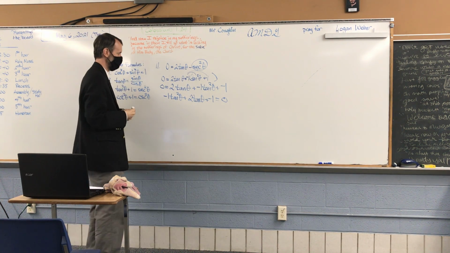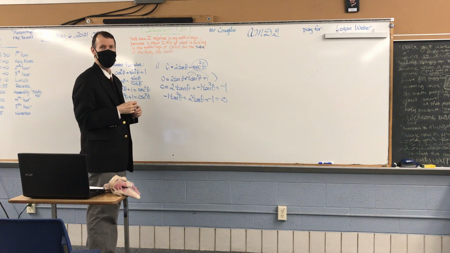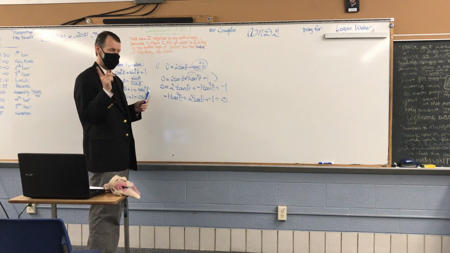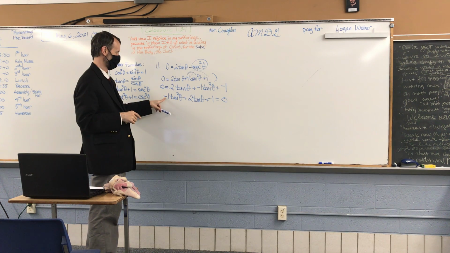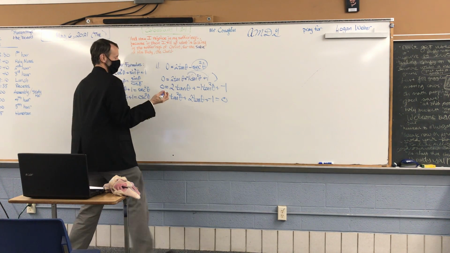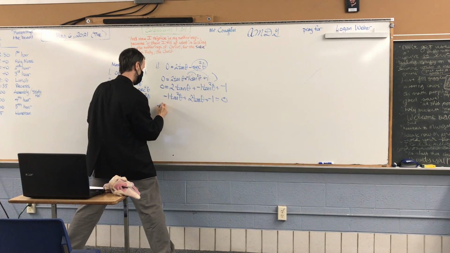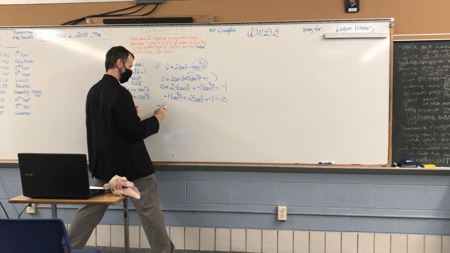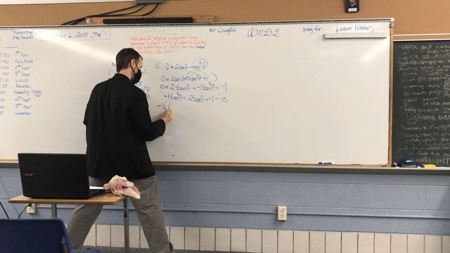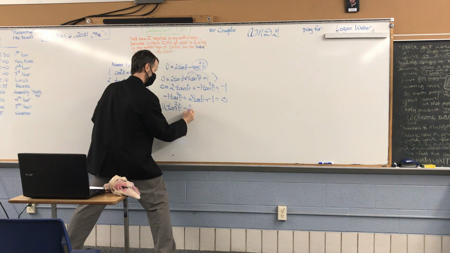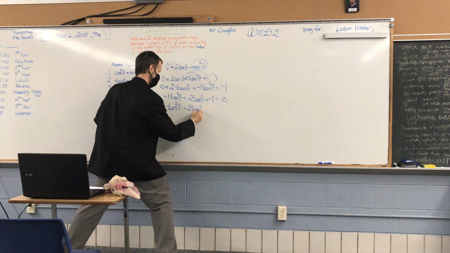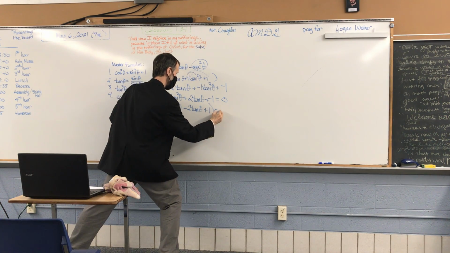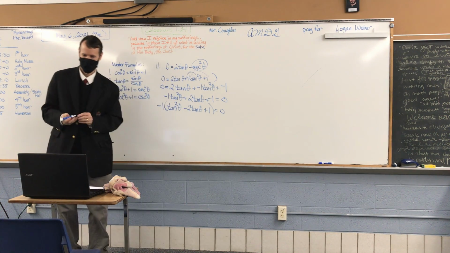Is there one? Negative 1. Normally I wouldn't even bother pulling out a 1. But negative 1, what's left behind? Tangent squared of theta minus 2 tangent of theta plus 1 equals 0. Does that factor?